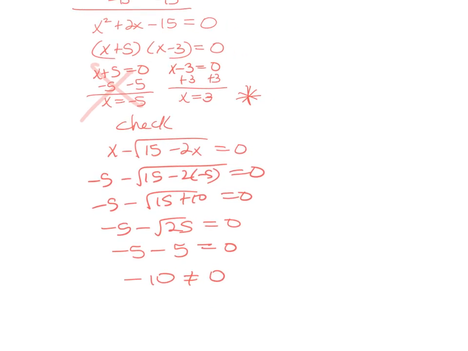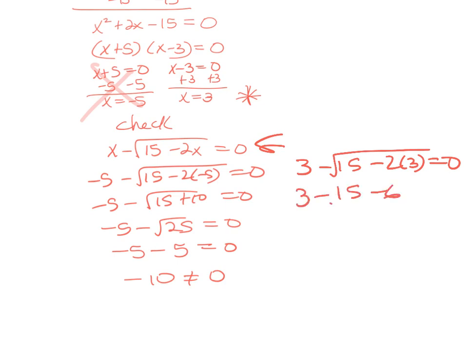All right, so then the next one. Again, same original problem, but now we're plugging in 3. 3 minus 15 minus 2 times 3. I'm trying to see if it equals 0. So 3 minus 15 minus 6. 15 minus 6 is 9.